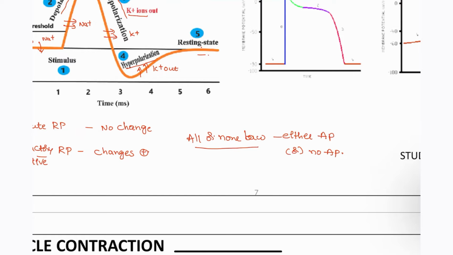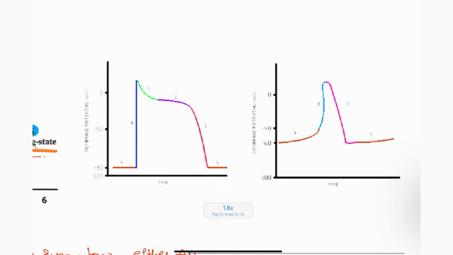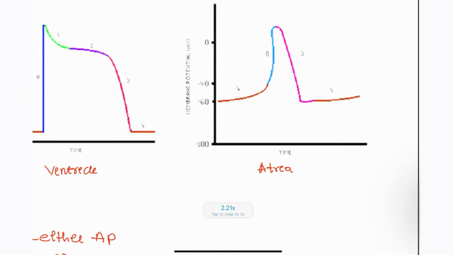Next, moving on to another important point, here you can see this is the structure of the ventricle and this is the structure of the atria action potential. Let's see the important phases here. Let's see the first atria, how the atria is going to react. Atria have only three phases. Here you can see this is the fourth phase, and this is the zero phase, and here the third phase.